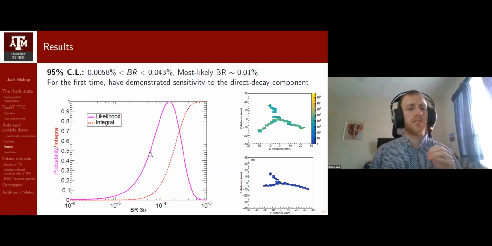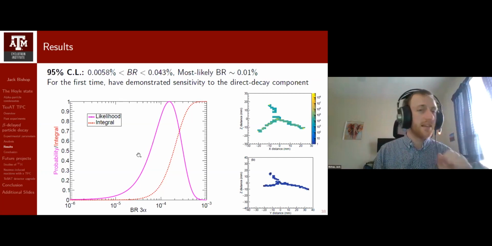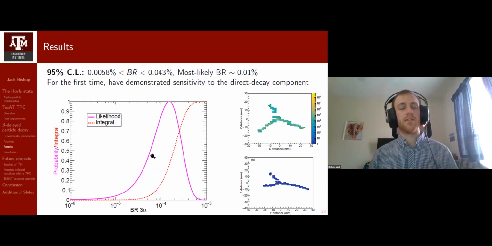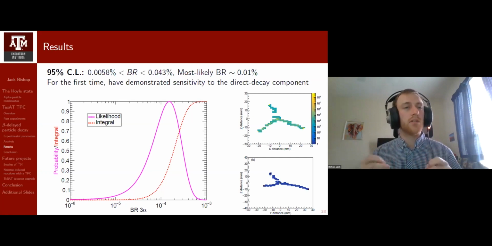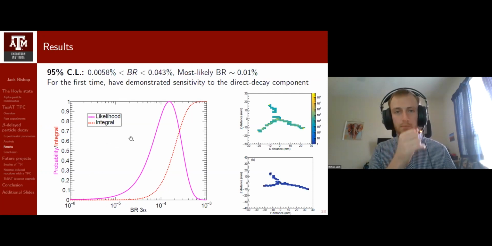The thing that's interesting to note here is that we can explicitly discount these lower branching ratios. The reason that's important is that it says there is something in our data that cannot solely be explained by a solely sequential decay component. So we're seeing some sort of sensitivity to this direct decay component.